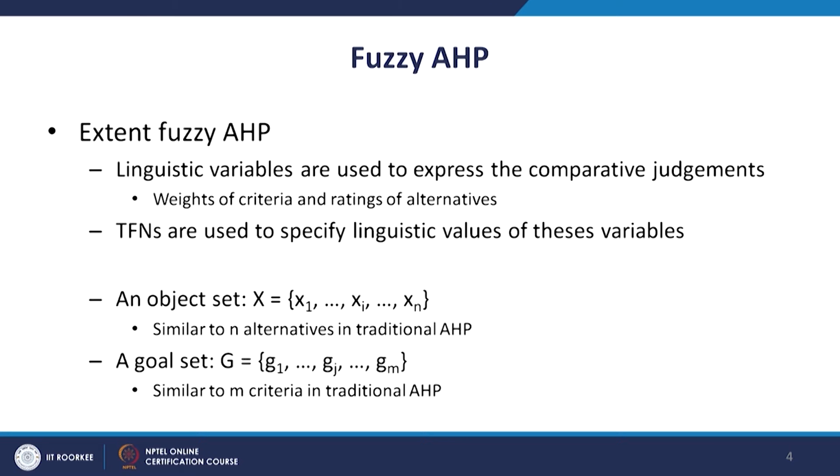In the traditional AHP, when we take preferences from the decision maker, whether for the pairwise comparisons of criteria with respect to the given goal, or pairwise comparisons among alternatives with respect to a particular criterion, the decision makers were supposed to specify exact values, fixed value judgments.